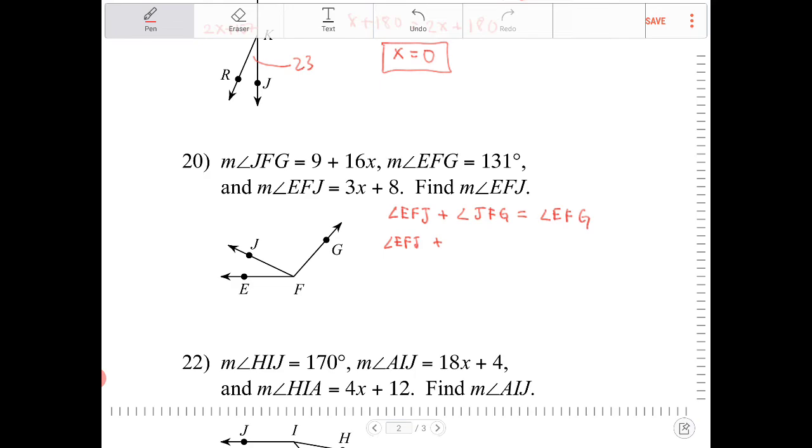JFG, do I have an expression for that? Yes, I do. That's 9 plus 16x. And do I have an expression for EFG? Yes, I do. That's 131. And EFJ, do I have an expression for that? That I do. That's 3x plus 8.